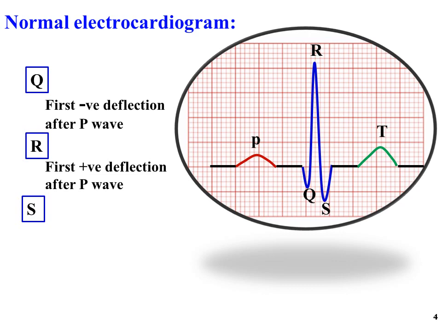The S wave is the first negative deflection after the R wave.